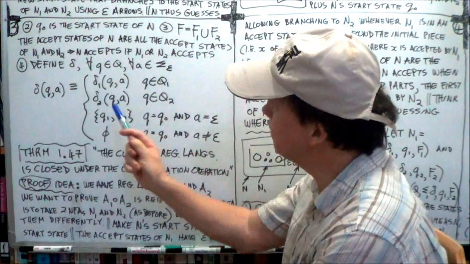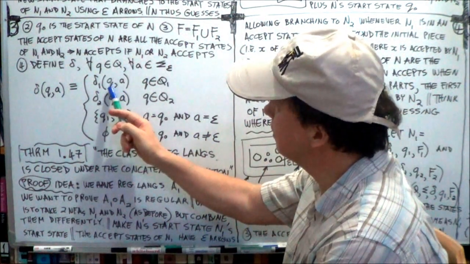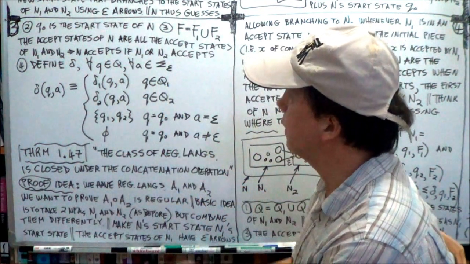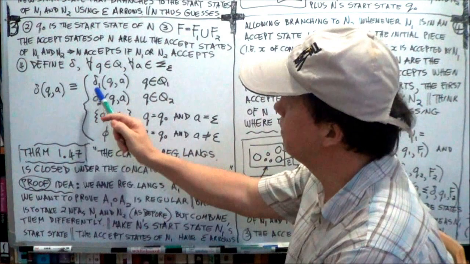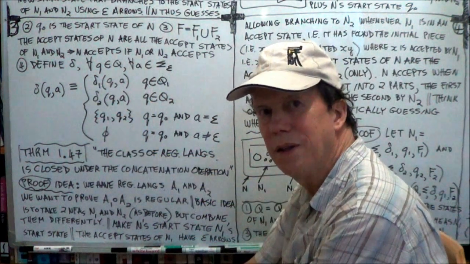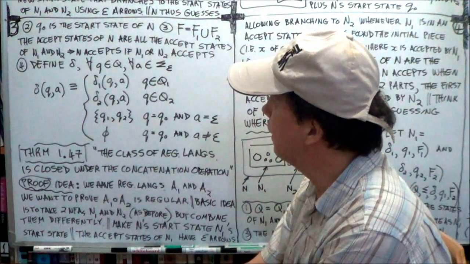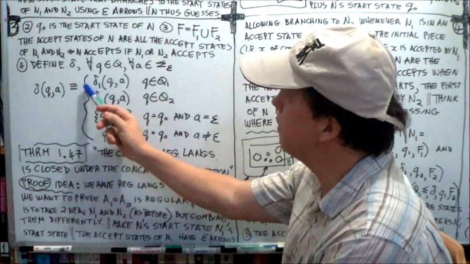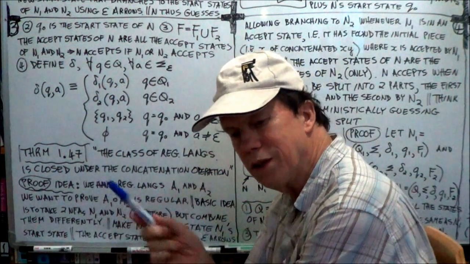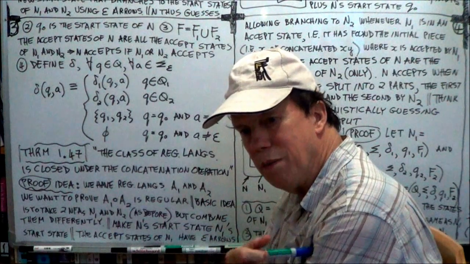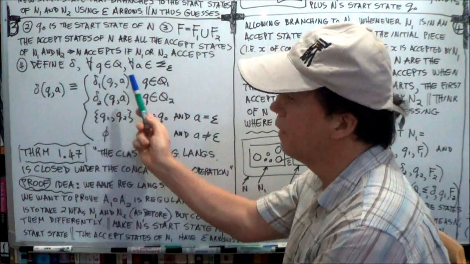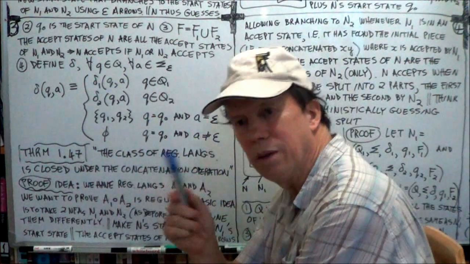Okay, so say your current state belongs to Q1. Well, then just use the transition function D1 to find the next state, because maybe the input string contains a string that is a member of language A1, so you want to keep looking for the next symbol in that string that belongs to A1.